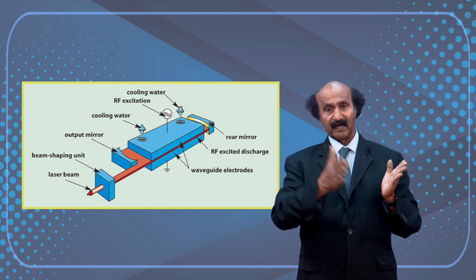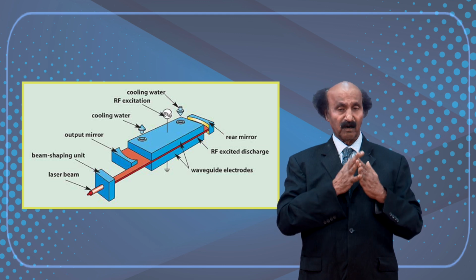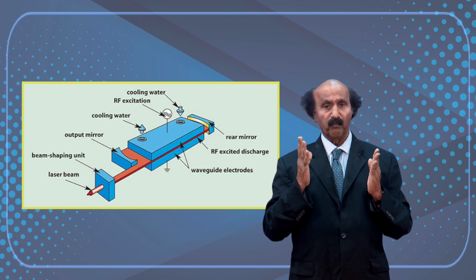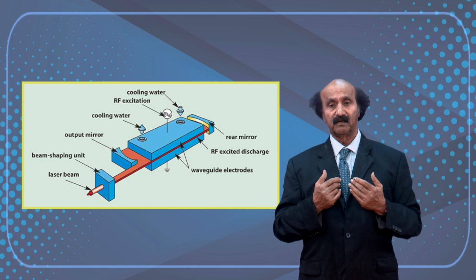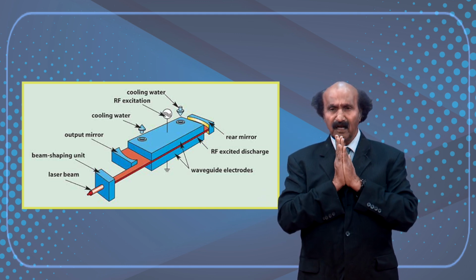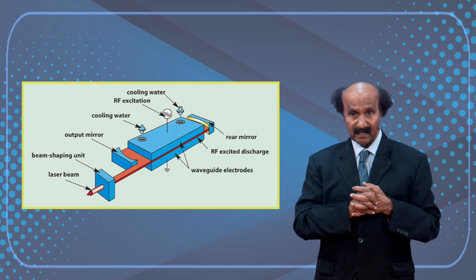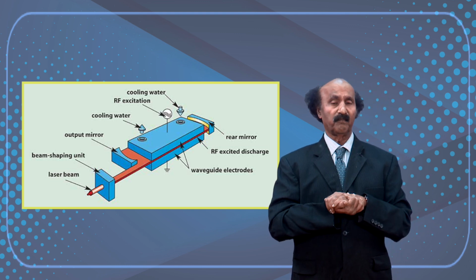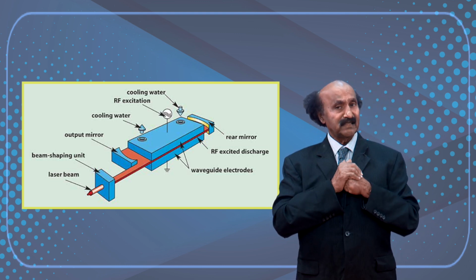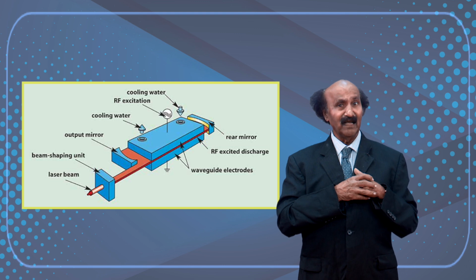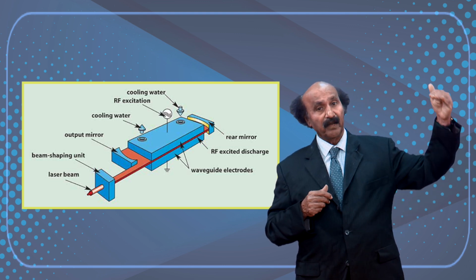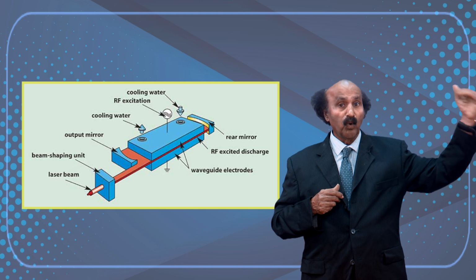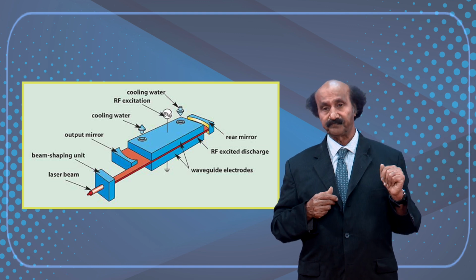Then you have a capacitor which stores a lot of energy, and then at a certain point of time it just produces a discharge. This is very typical of a Blumlein circuit, but a modified Blumlein circuit. The Blumlein circuit technology has already been employed in nitrogen lasers and also in most of the excimer lasers.